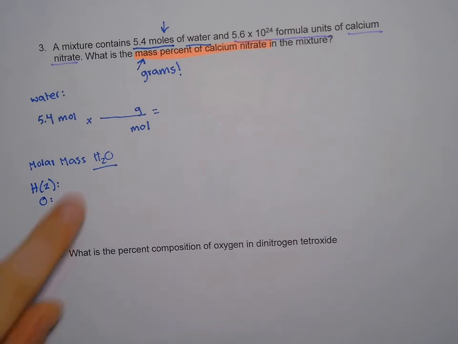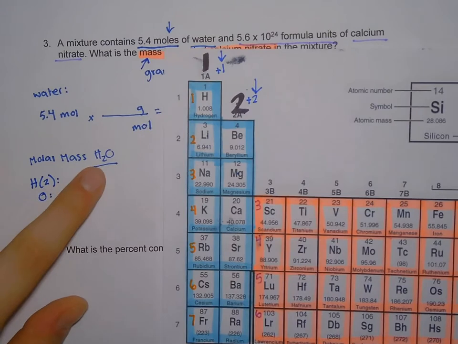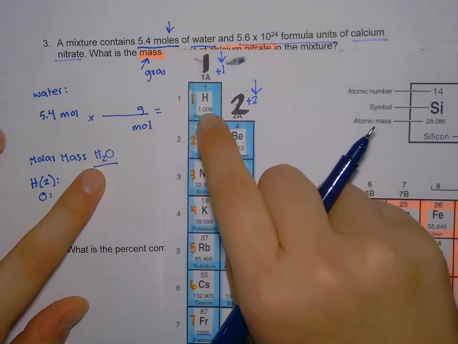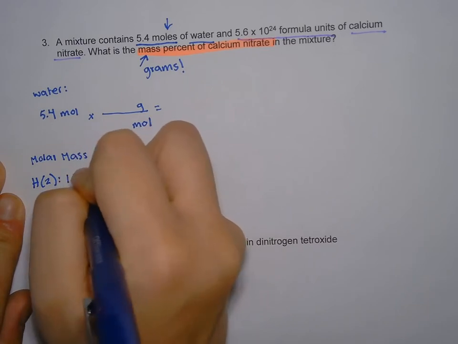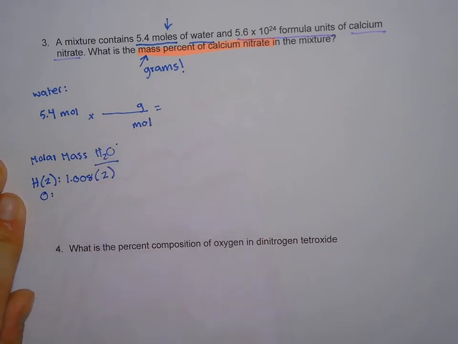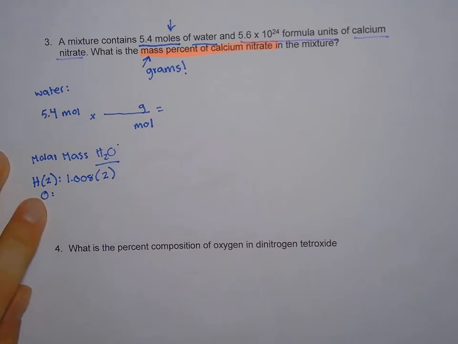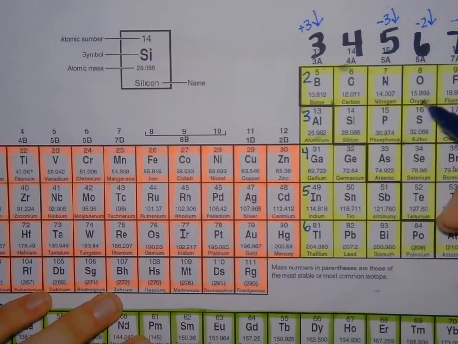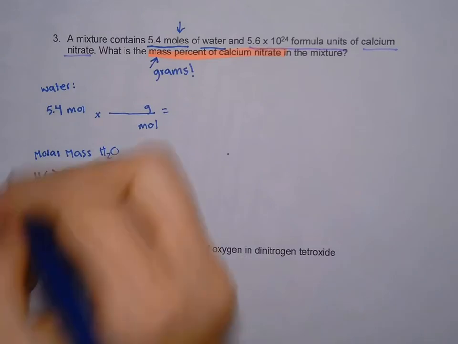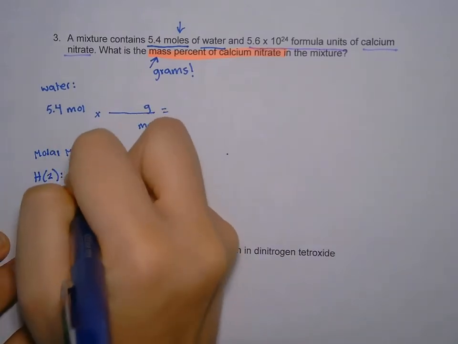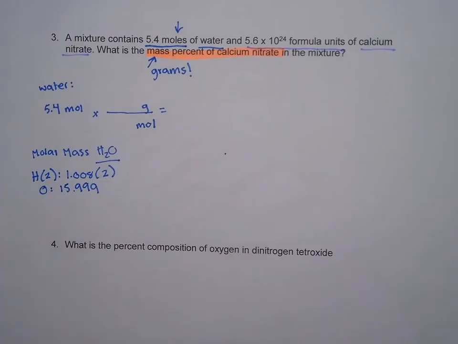Hydrogen is 1.008, and there's 2 of them, so I have to multiply that by 2. And oxygen is 15.999, and there's only 1, so I don't have to multiply anything.